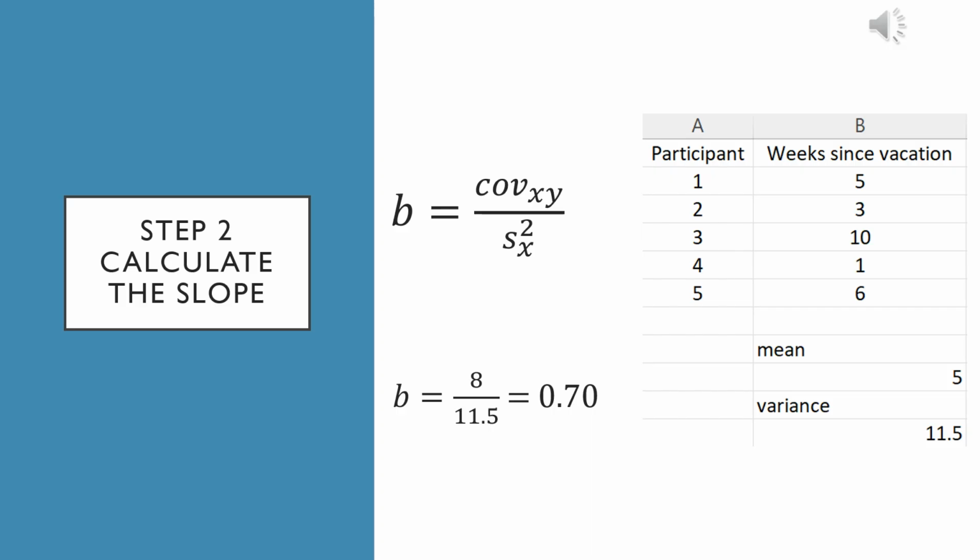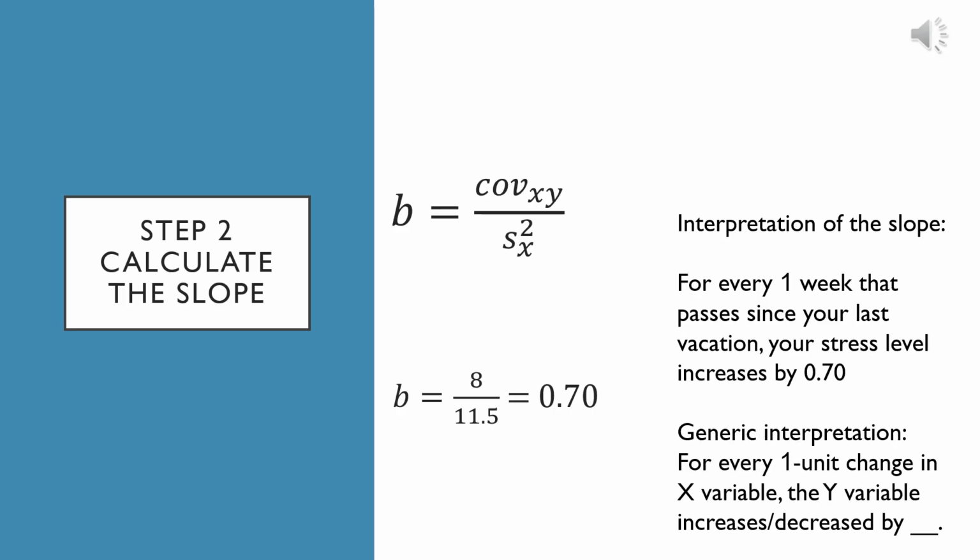Okay, so what does that mean in practical terms, or in layman's English? What it means is that for every 1 week that passes since your last vacation, so every additional week, your stress level increases by 0.70.